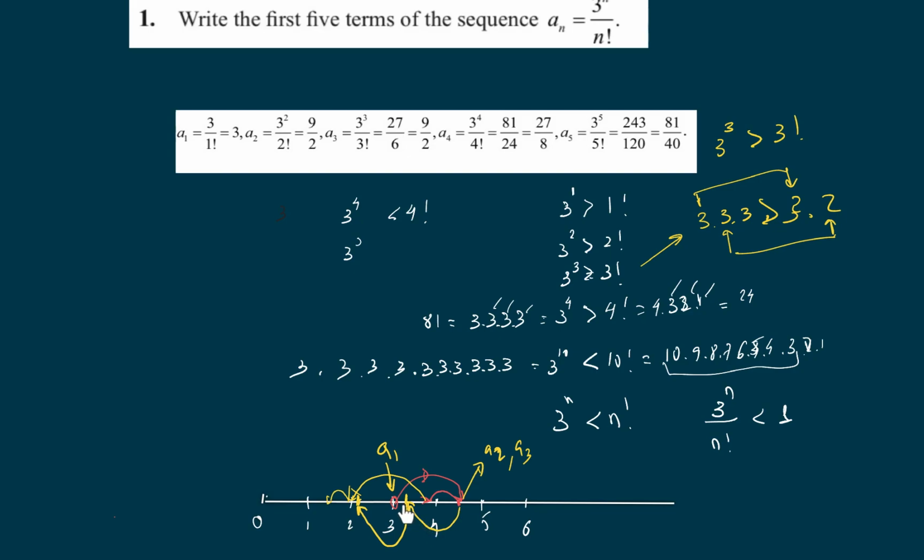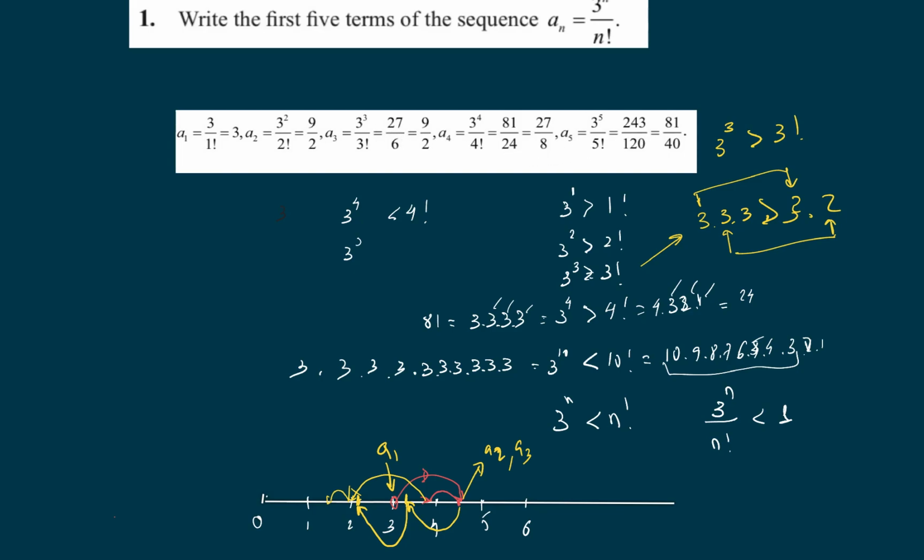It is 27 divided by 8, A4 is here, and A5 will go to almost 2, A5 will go here. It will be jumping and jumping, and we expect that after many, many n, we are approaching 0. Okay, so we wrote the first 5 terms of the sequence, which is what they are asking.